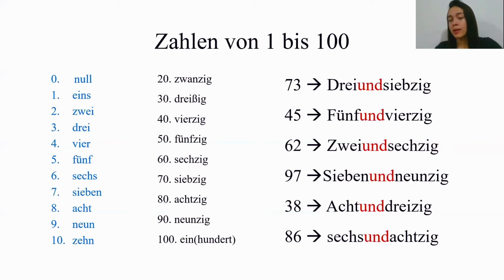So we will read again together by tens. We will start with the 20. 20, 20, 30, 30, 40, 40, 50, 50, 60, 60, 70, 70, 80, 80, 90, 90.